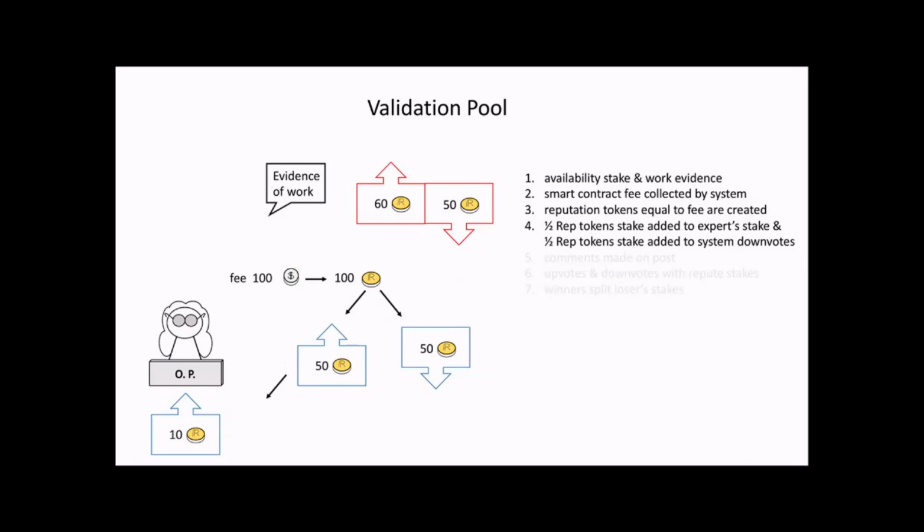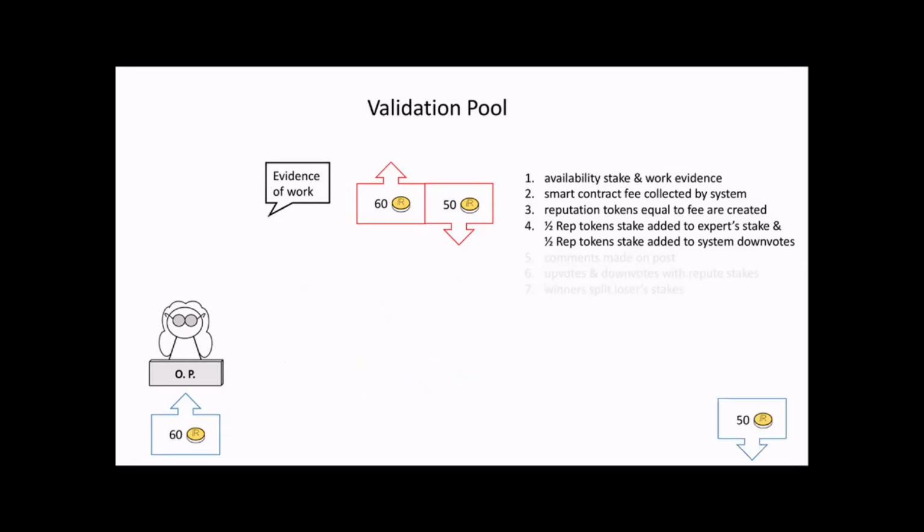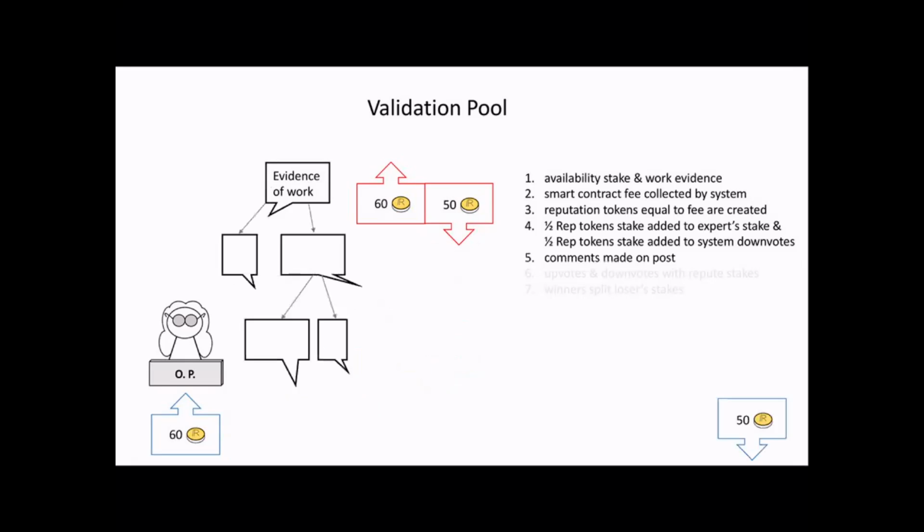Now, after those are done, there's going to be a period where you can make some comments on the post. So other people can make their comments on the post and say, yeah, that was good or bad. And they're signaling whether or not it was a good job. Now, what they're also doing is policing the work of the DAO, making sure that everybody's doing things right.